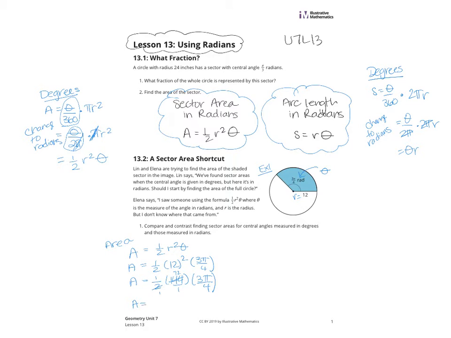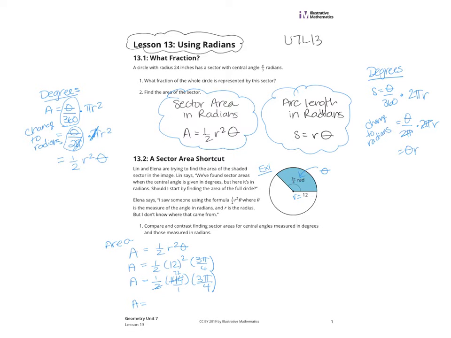So I could think of my area as 72 times 3 divided by 4. I'm looking at my calculator here. Oh, that's a 54, sorry. I was messing with my calculator and wasn't looking carefully.